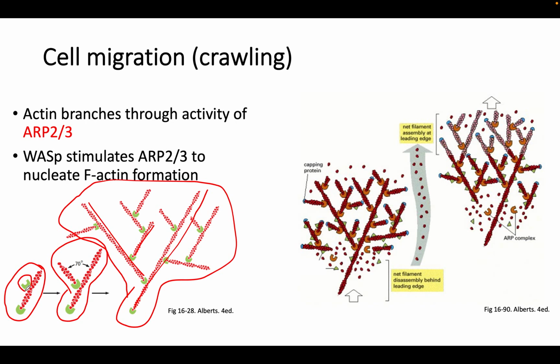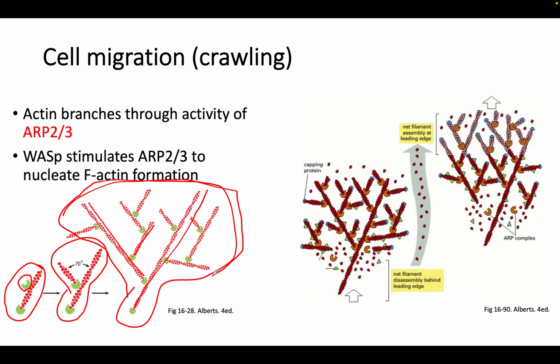ARP refers to actin-related protein. So ARP is needed for branching, and branching is needed for migration of these cells, right? What we've done here is we've formed a lamellipodium by protruding the plasma membrane as we have here.